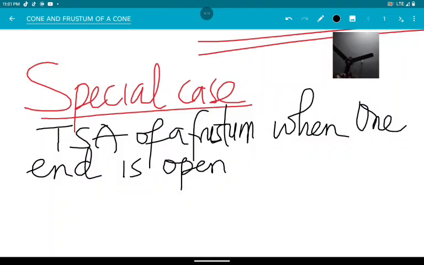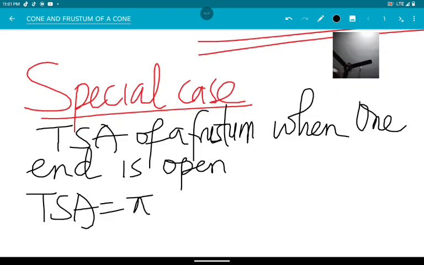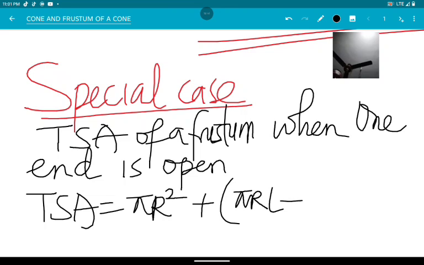Maybe it's the one with the smaller radius that is open, or the one with the bigger radius. As the case may be, if the smaller end is open, the total surface area will now be pi big R square plus the curved surface area, which is pi big RL minus pi small rl.